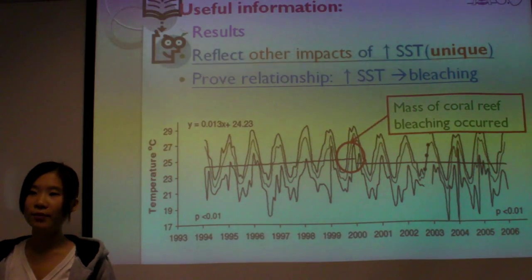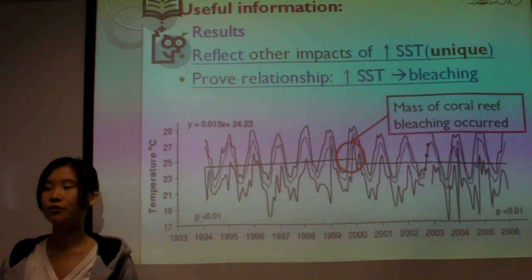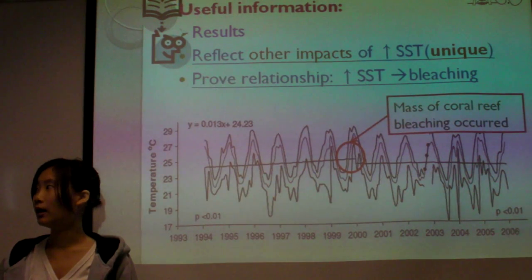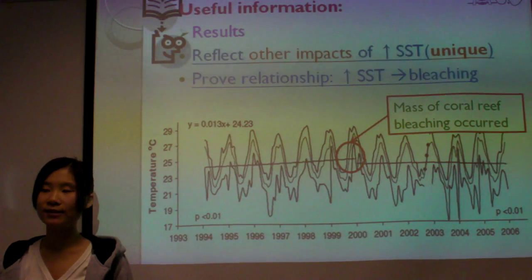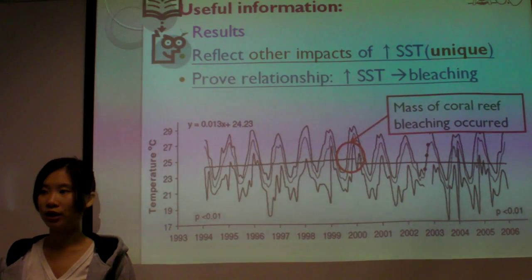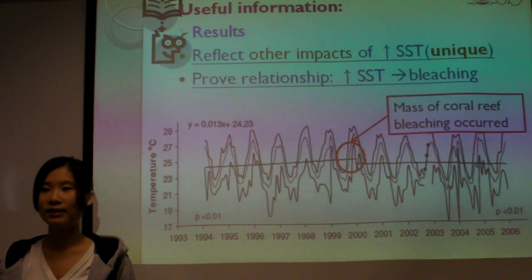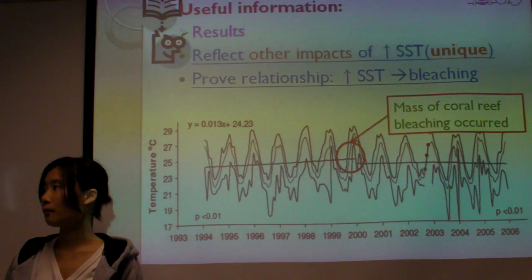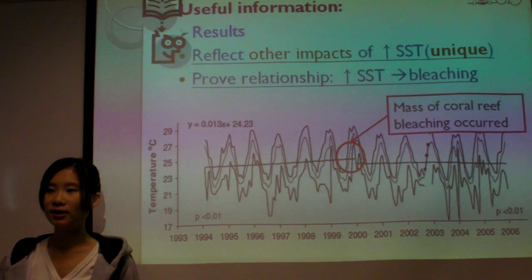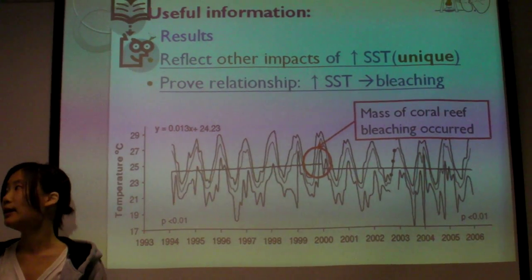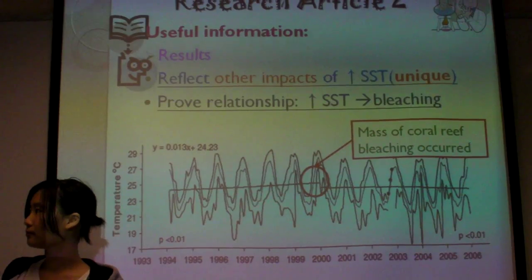The useful information from this article is the results, because the results reflect the other impacts of the rising sea surface temperature, which were never discovered before. Also, it proved the relationship of the rising sea surface temperature and the coral bleaching.